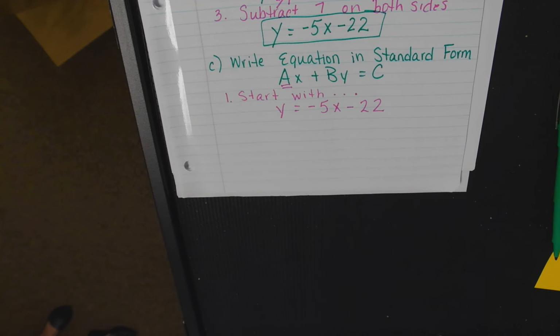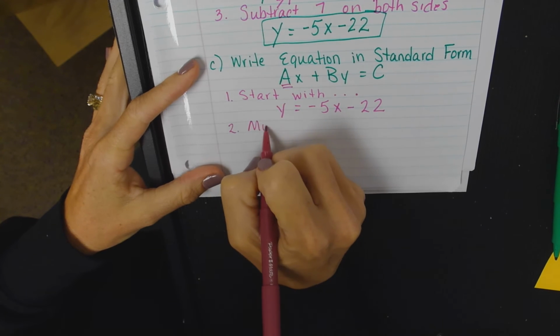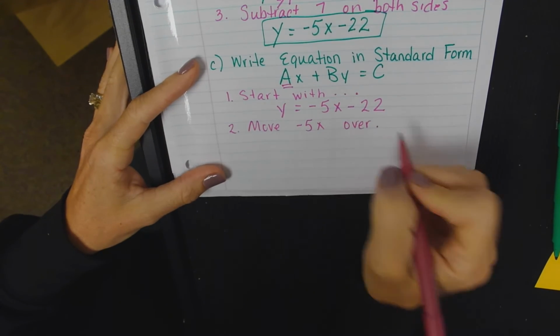Here's standard form right here. What is C here? Negative 22. What's in the way? Right, I need to move negative 5x over. What happens to it? It becomes positive. So you're going to move negative 5x over. Bless you.